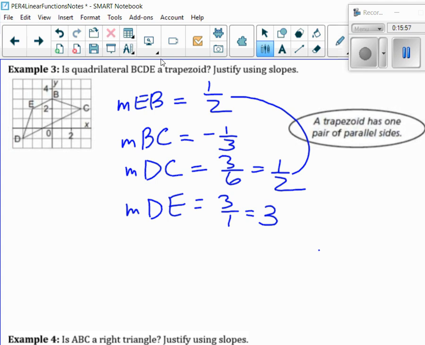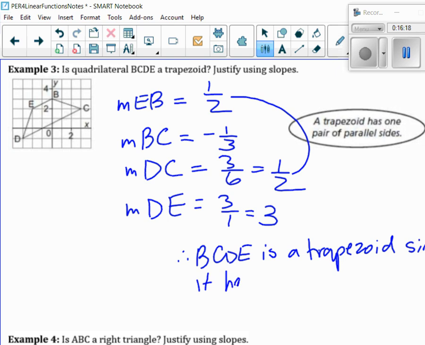Okay, so therefore, we got to answer the question. So the question says, is quadrilateral BCDE a trapezoid? So therefore, BCDE is a trapezoid since it has one pair of parallel sides.